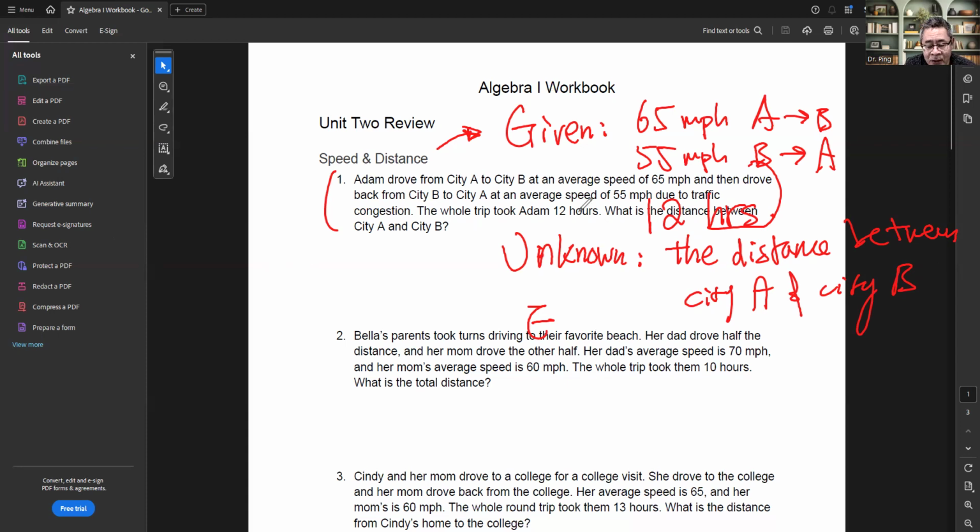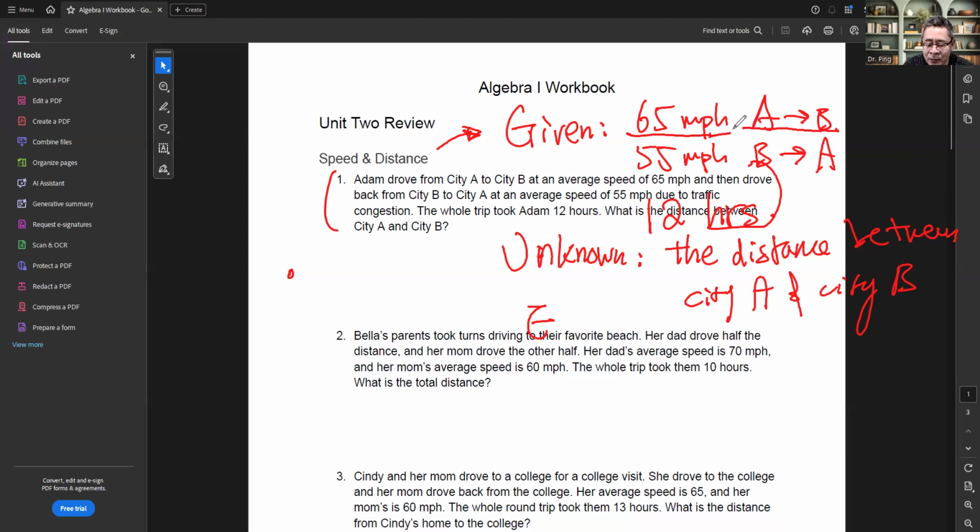Well, when we set the equations, we're trying to find some quantities that are equal. So in this case, what's equal is the distance from A to B is the same distance as from B to A. From A to B, we know the speed, and we don't know the distance.